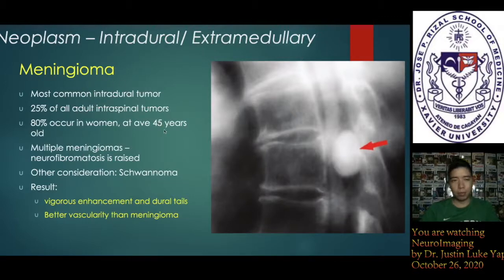It's the most common, and it will present outside the spinal cord. Here you can see this is on myelogram. This is the spinal cord, the tubular density going down, and you have a very well enhancing tumor that compresses the spinal cord anteriorly.